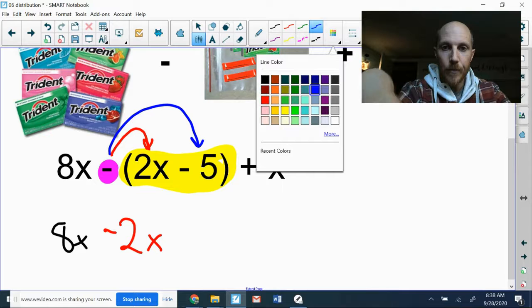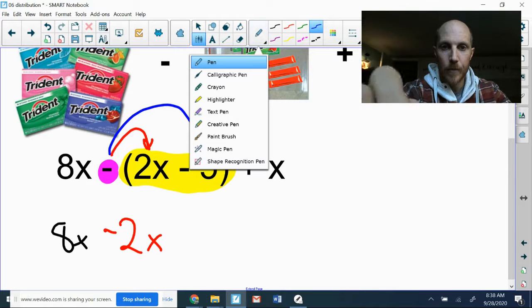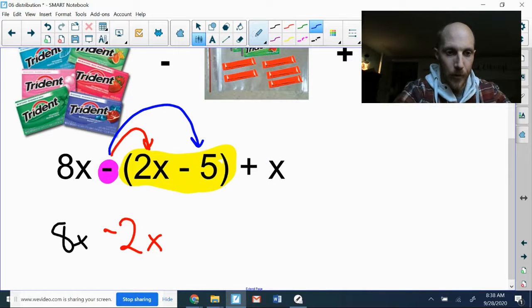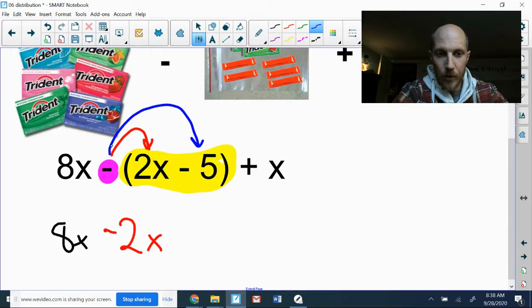And then the minus sign is going to get distributed onto the -5. So if you have a minus here in the pink highlight, and then we distribute that onto a negative number, it's like subtracting a negative, the double negative. I'm going to basically make it like a plus.